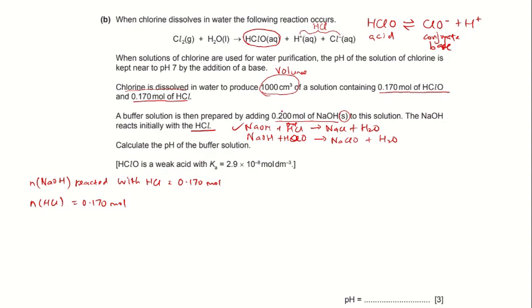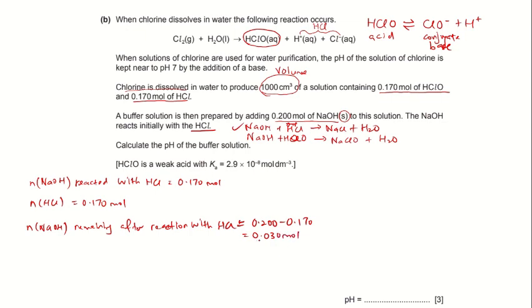After reacting with HCl, we still have remaining NaOH, which is 0.2 minus 0.170, so 0.030 mole.